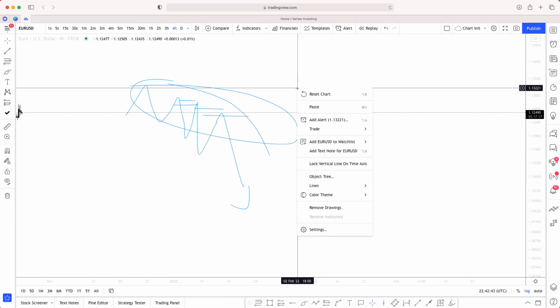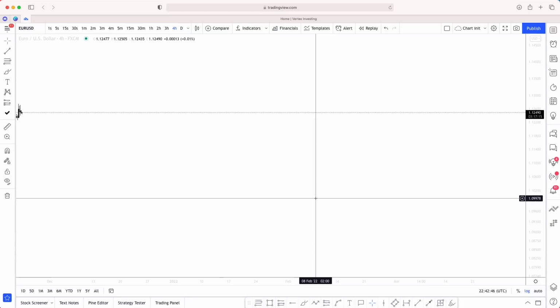Now, what I'm going to show you is how we can combine the two and give you a set criteria for you guys to look for in your own trading, okay? Hopefully it can help take away some of the doubt that you guys have.